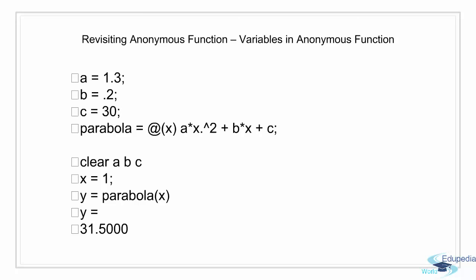So these values will persist even when we clear the variables. In the second segment I have cleared the variables a, b and c and still the function works, because the function handle parabola, along with the function statement, has stored the values for a, b and c. To supply different values of a, b and c we need to redefine the function handle.